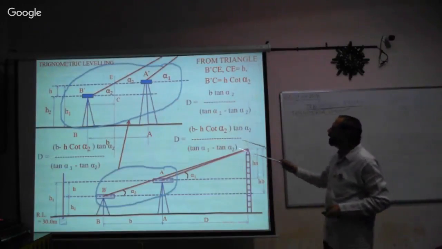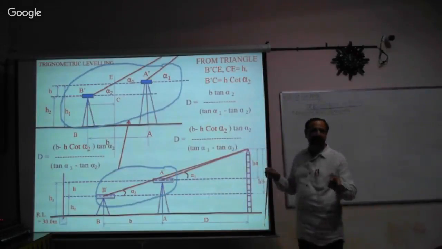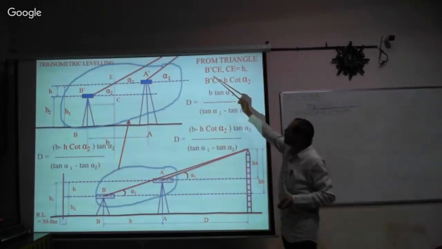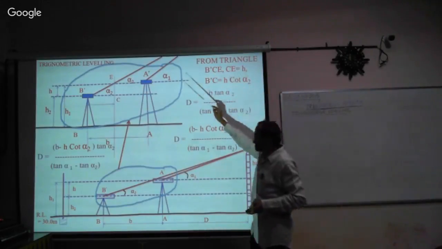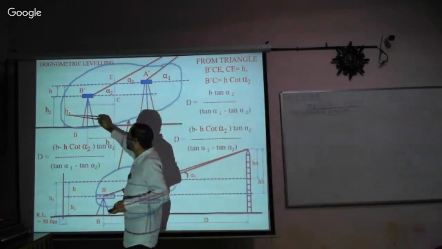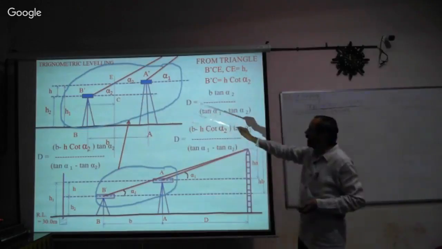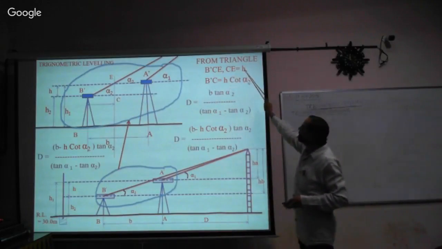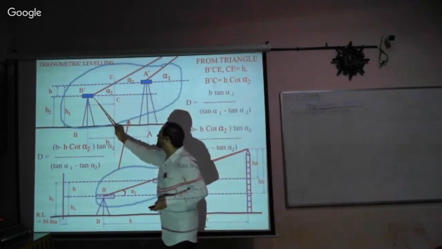Now this is elaborated here, whatever we have discussed, in a very simple way, isn't that? C is equal to S. Here I think it is taken as H, that is S1, S2. There is some correction here, that is S1 and S2, and that is S. Now B dash C is equal to H. It is S cot alpha 2.